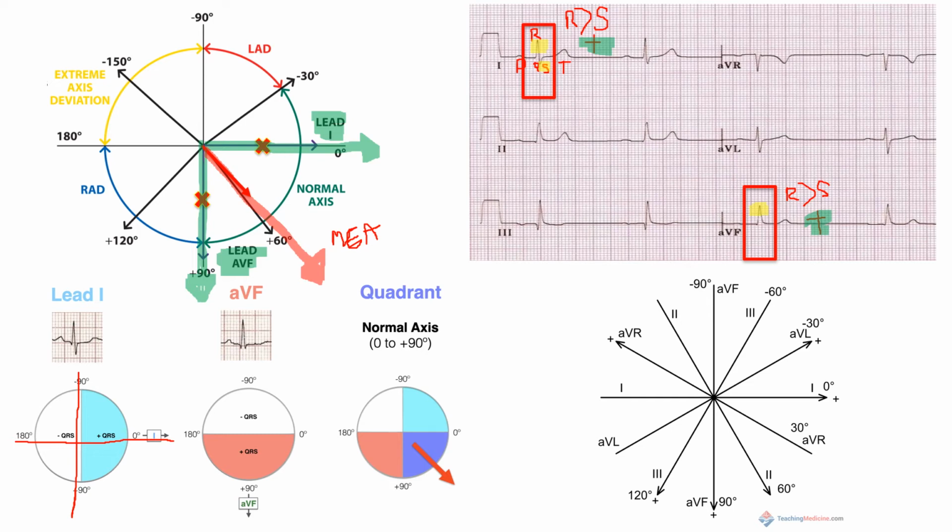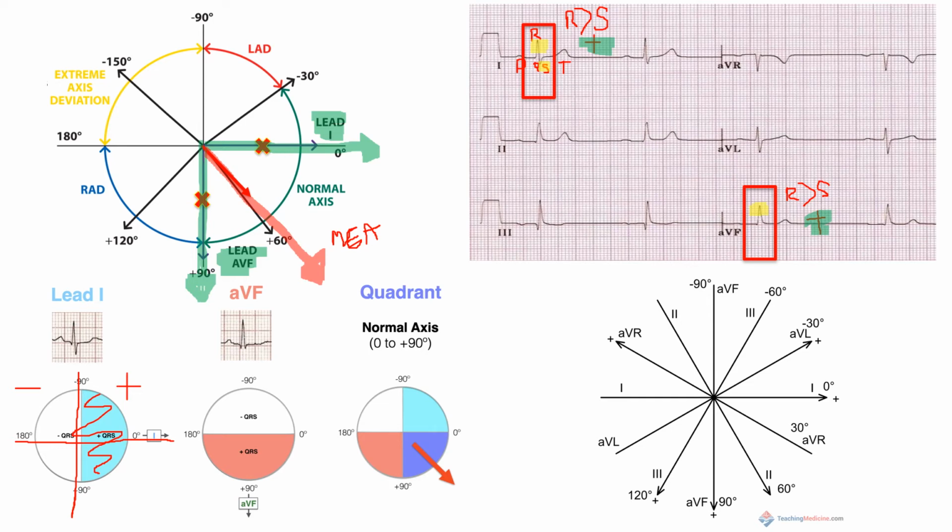If lead number 1 is positive, or headed more towards the positive side, then you shade this whole entire area. One more time, draw a perpendicular line to lead number 1. This side represents the positive side, and this side represents the negative side.